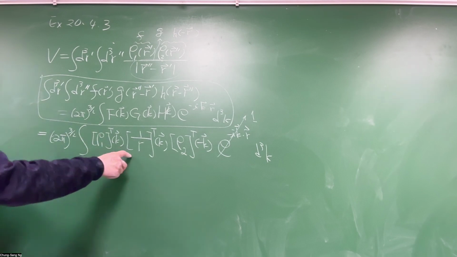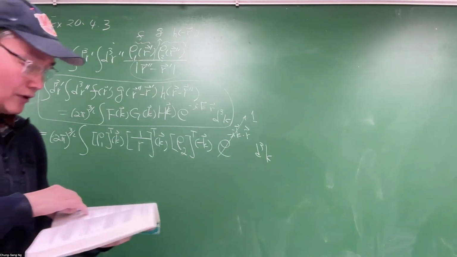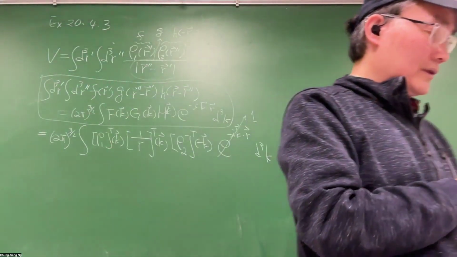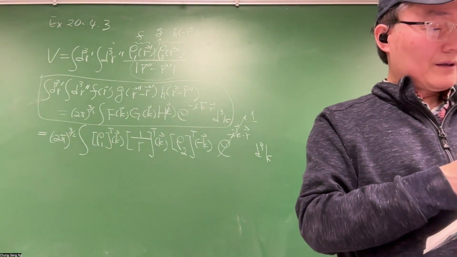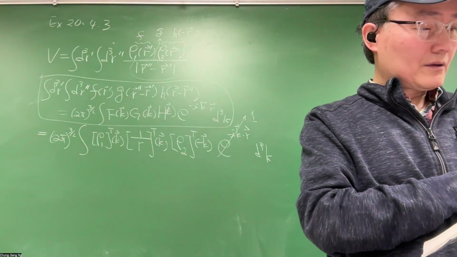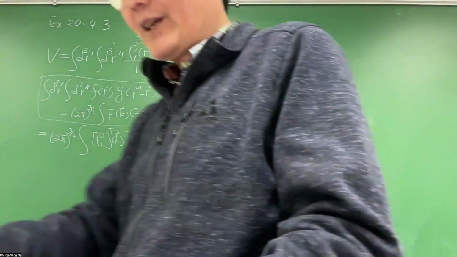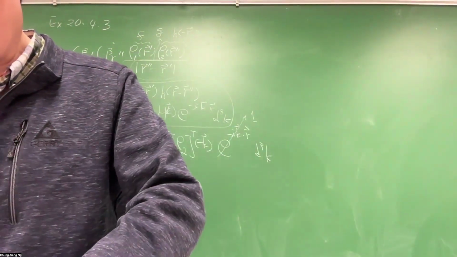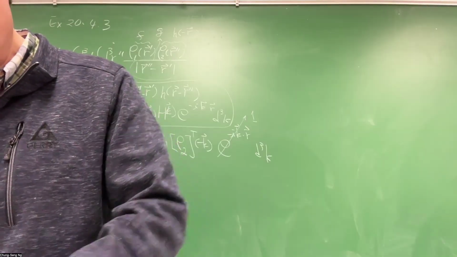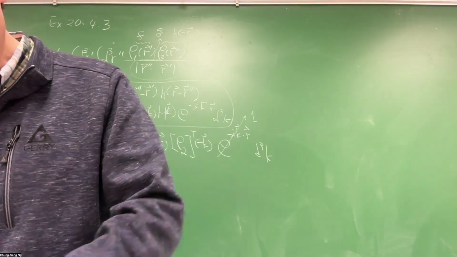This is just 20.9, except for the 1 over R transform, which we already wrote down in an example. This is a 3D 1 over R. Oh no, we didn't do that here, but we did that in another example with the 3D transform.